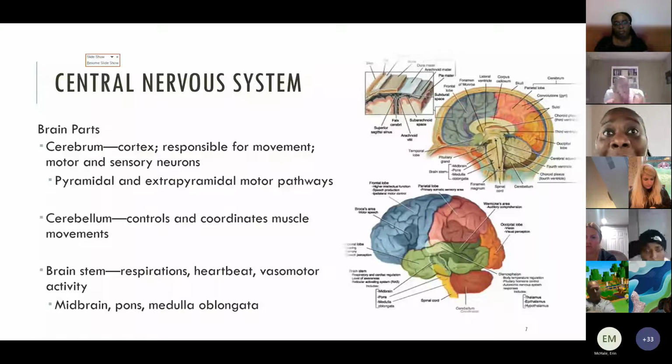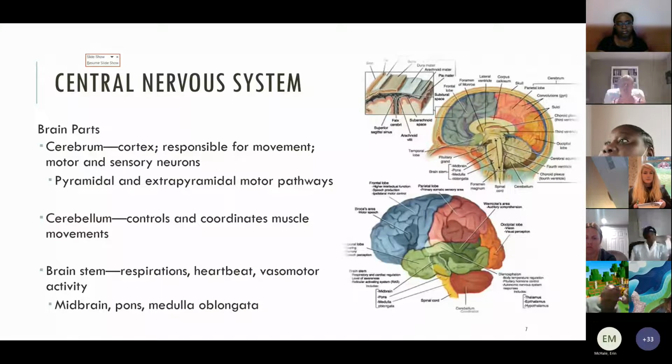That is going to house all those motor neurons. That's going to help with our sensory neurons, so what we can sense, what we can feel. It's also going to be responsible for our motor neurons, which helps us be able to move. And then it's also going to help us to receive impulses from our peripheral sensory neurons that are going to be at different places throughout our body.